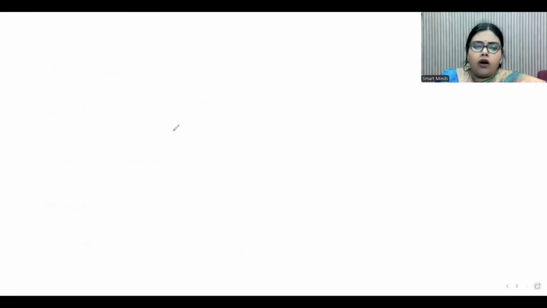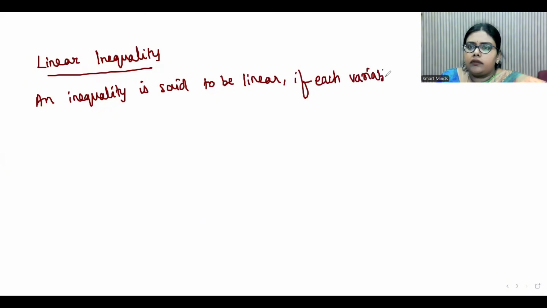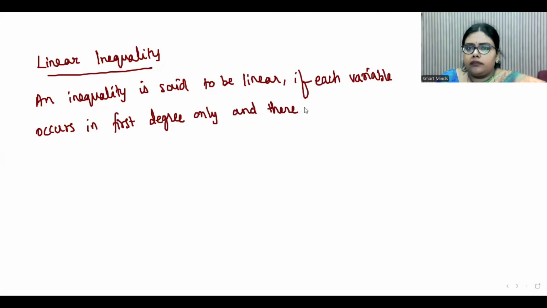Now let us see what is a linear inequality. An inequality is said to be linear if each variable occurs in first degree only and there is no term involving the product of the variables.